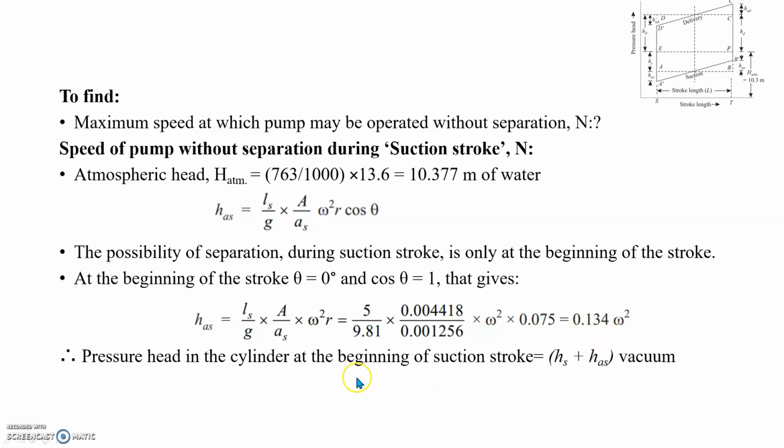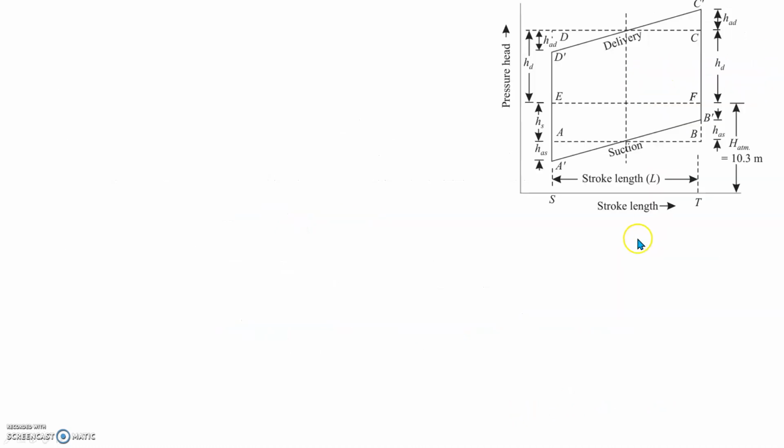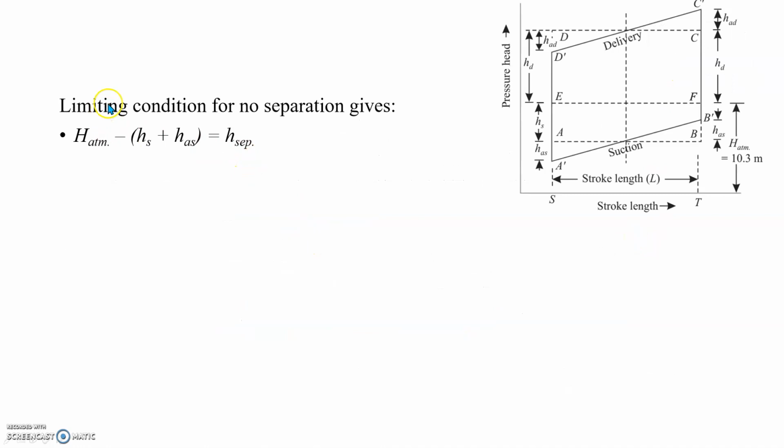Pressure head in the cylinder at the beginning of suction stroke is HS plus HIS. But we have to substitute in the absolute equation, that is absolute pressure head value, that is HATM minus HS plus HAS. And the limiting condition for no separation during suction stroke is this one, and we are substituting the value.